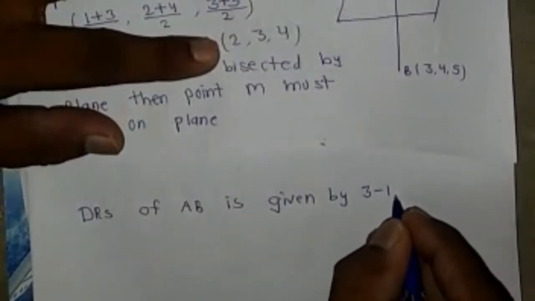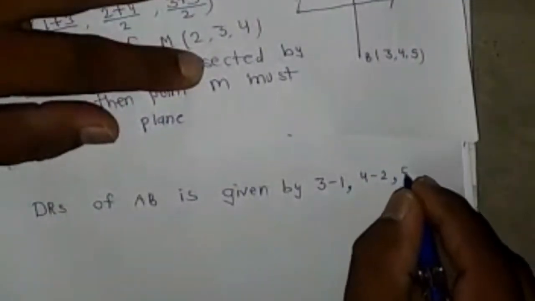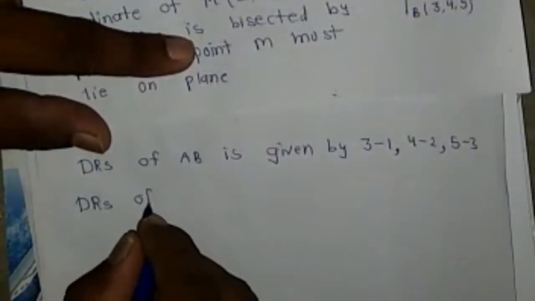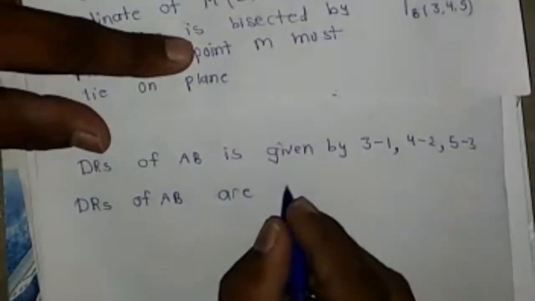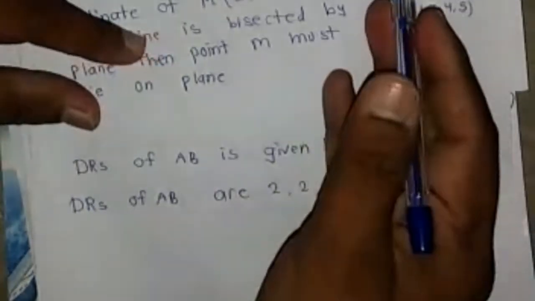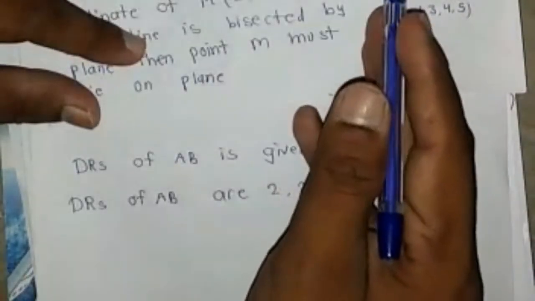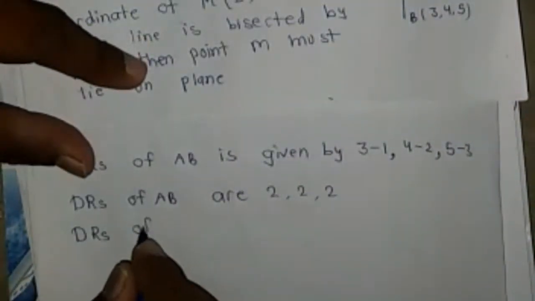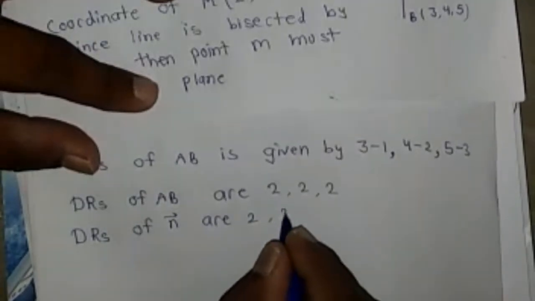Means 3 minus 1, 4 minus 2, 5 minus 3. Direction ratios of AB are 2, 2, 2. And AB vector represents n vector because AB is perpendicular to the plane, and n vector, the normal vector, is also perpendicular to the plane. Then direction ratios of n vector are 2, 2, 2.